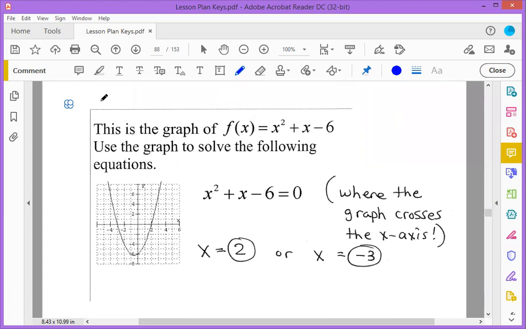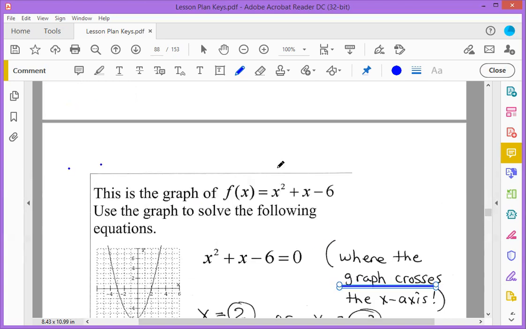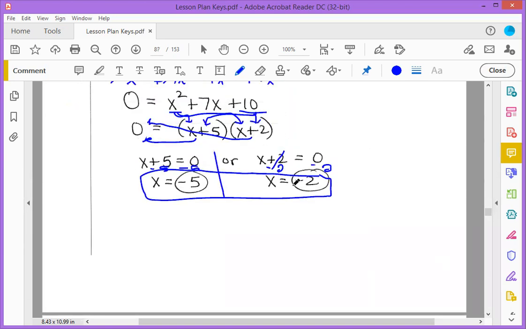All right, in this example, we're going to use this graph. You see this parabola. The graph of this function, f of x equals x squared plus x minus 6, is here. We have the graph here. We want to know where the graph crosses the x-axis. When we solve these equations, like we did before, we got these x coordinates.